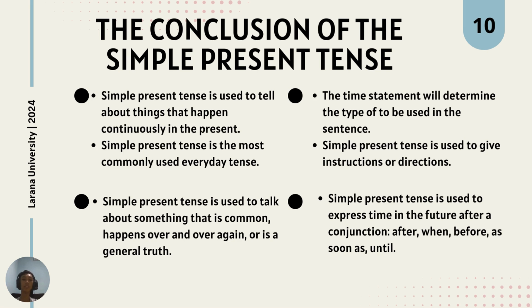Simple present tense is used to talk about something that is common, happens over and over again, or is a general truth. The time statement will determine the type of to be used in the sentence. Simple present tense is used to give instructions or directions.